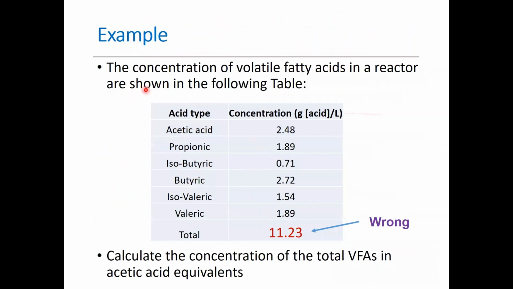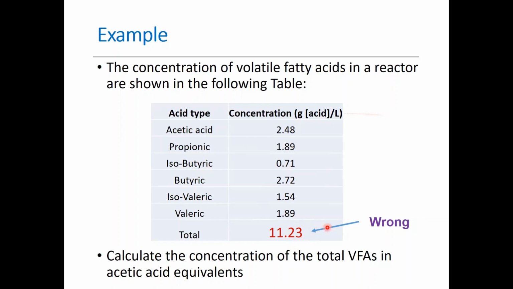So let's go to this example here. The concentrations of volatile fatty acids in a reactor are shown in this table, and you may find some people just sum all of this and get this number. Based on this, I would say this is actually wrong, right? Why is it wrong?